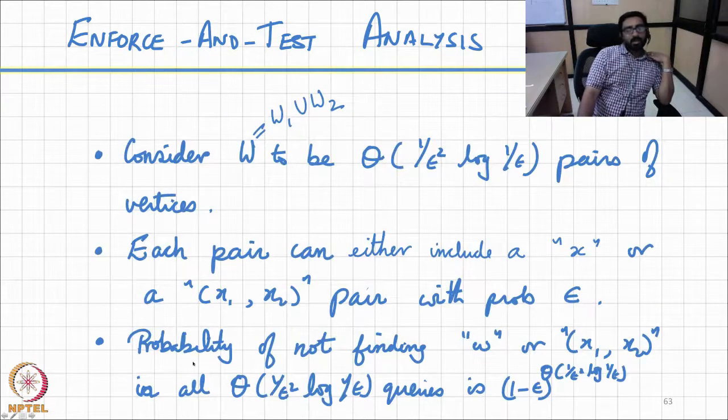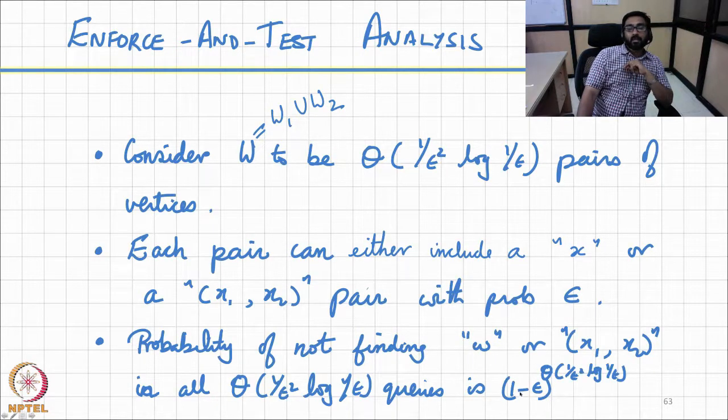Now, what is the probability of not finding an X or an edge of the form x1, x2? These are witnesses against this particular partition U1, U2. In all of the 1 over epsilon squared log 1 over epsilon queries, this is the set of all queries in W, the second set of the test set.